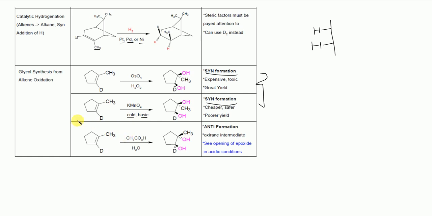If you have a hard time with OsO4, one of my friends came up with an interesting and silly way of remembering it. Oso sounds like bear; it's bear in Spanish. A bear has two arms, and you can remember the arms are in syn, so you add the two OHs in syn.